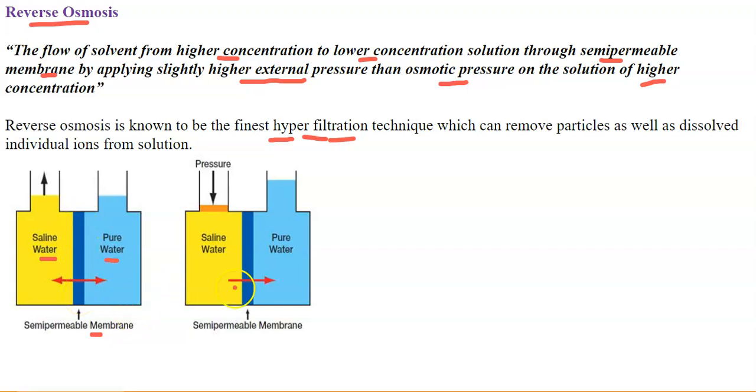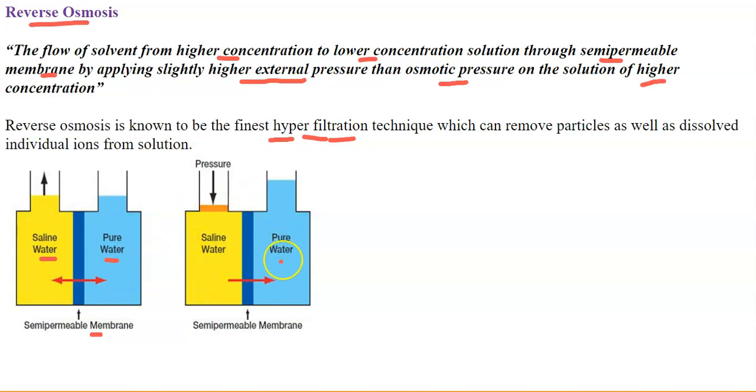So in reverse osmosis, what we do, we apply a pressure on the solution of higher concentration, and this pressure is also called as external pressure, which should be greater than the osmotic pressure. So as we apply the pressure on the solution of higher concentration, the solvent molecules, water molecules, are going to pass through the semi-permeable membrane from higher concentration to lower concentration solution.